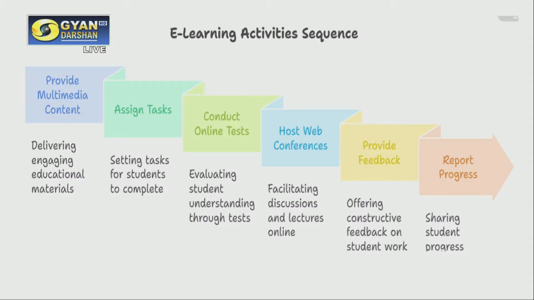Apart from this, for improvement purposes, we need to have a feedback mechanism, and based on the feedback, be it from the attendees, students, or experts, the content, the delivery process, the administrative process, all the processes involved in the delivery of the e-learning environment can be improved.